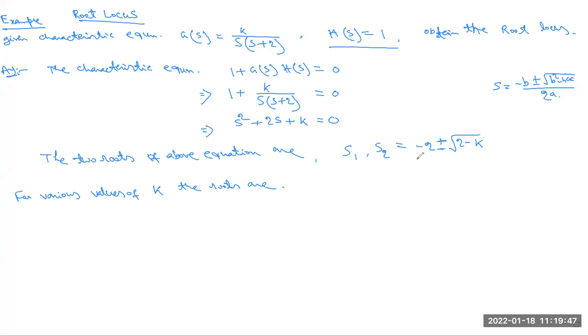The limit is minus infinite to positive infinite. So you have to put various values of k in the roots, that is s1 and s2. You have to calculate it from here. So we have to prepare the root locus table. This is the k first, then s1, then also s2.